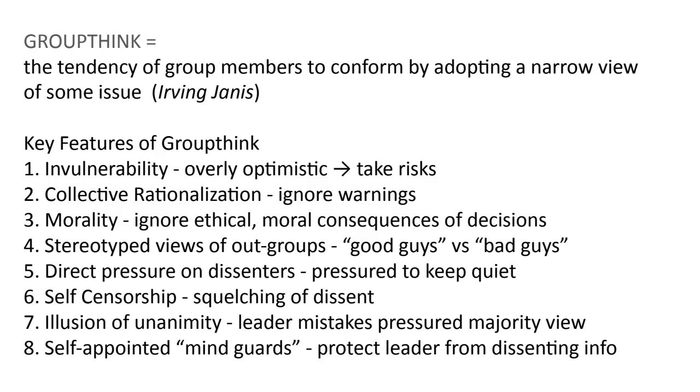Because they're trying to seek consensus, they settle on a decision or an action, but they haven't fully considered all of the implications, which often gives rise to negative or harmful outcomes.